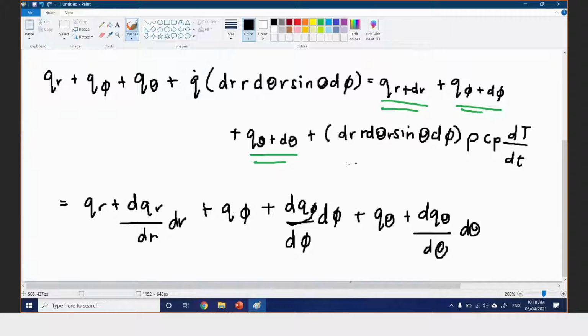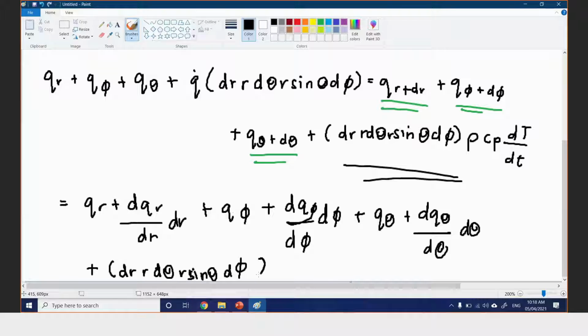Then of course, don't forget about this, plus the volume dr, r d_theta, r sine theta d_phi, rho Cp dT over dt. As you can see here, we can cross this off because this and this cancel, since if you bring it to the other side it will be negative. So this can cross off and this can also be crossed off.